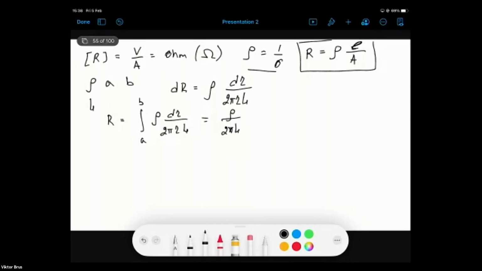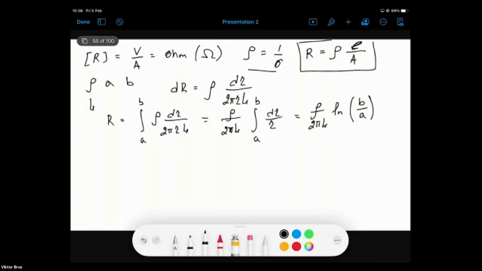So it's rho divided by 2 pi L, integral from A to B, dr over r. And this integral will be rho divided by 2 pi L, natural logarithm after integration, b divided by a.